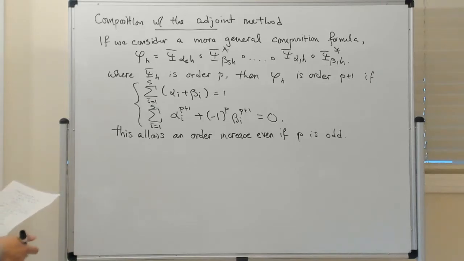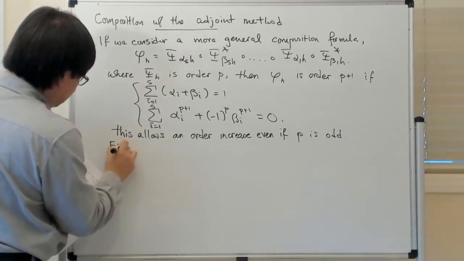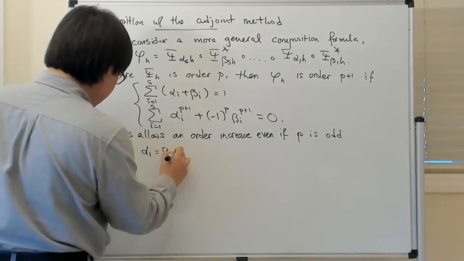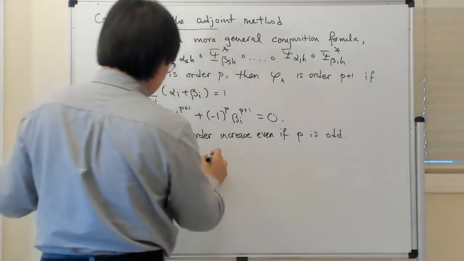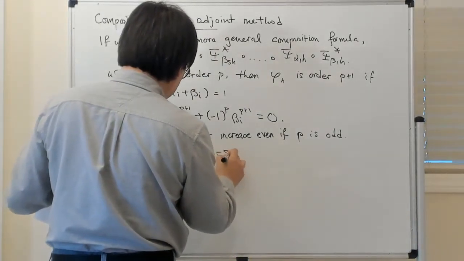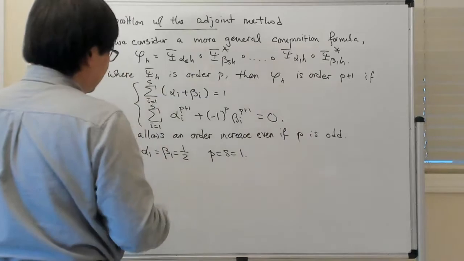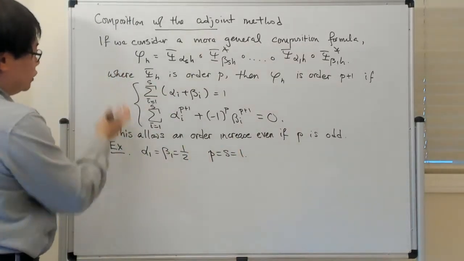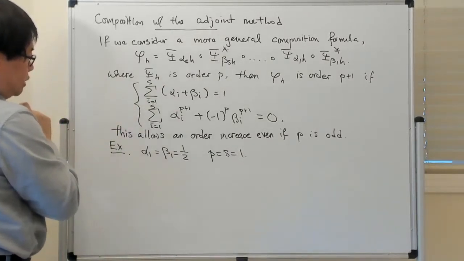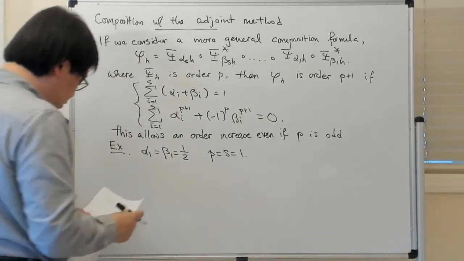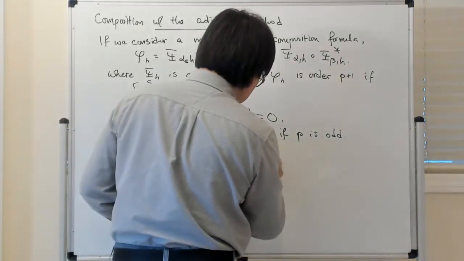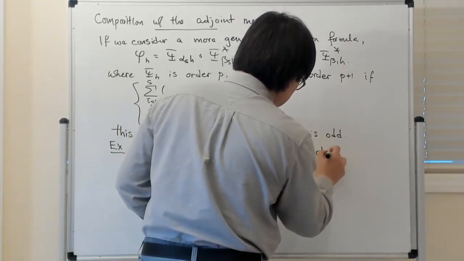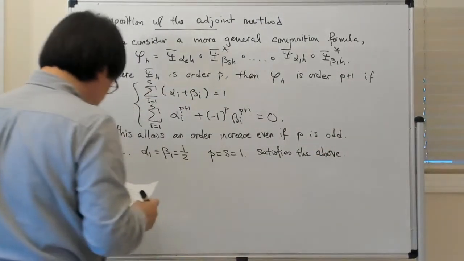So let's look at an example of this. Let's look at alpha 1 equal to beta 1 equal to 1/2. You can check that you have P equals S equals 1, and that this family of coefficients satisfies the above conditions.